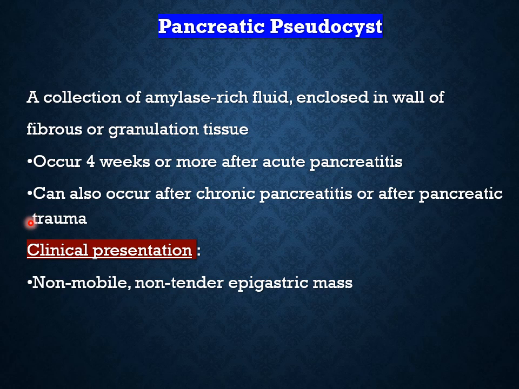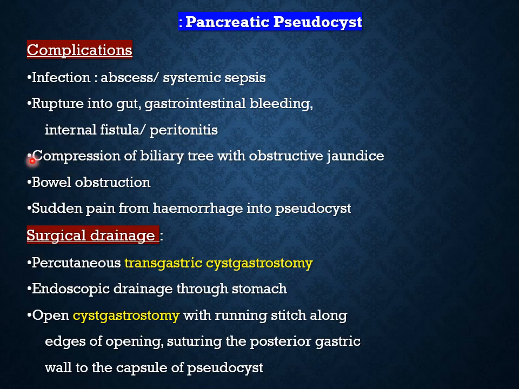Clinical presentation: non-mobile, non-tender epigastric mass. The complications of pancreatic pseudocyst: infection, abscess formation, and septicemia, rupture into the gut, compression of the biliary tree causing obstructive jaundice, bowel obstruction, and sudden pain from hemorrhage into the pseudocyst.